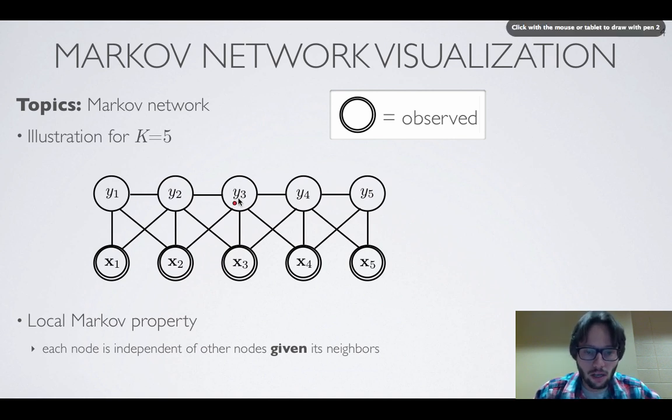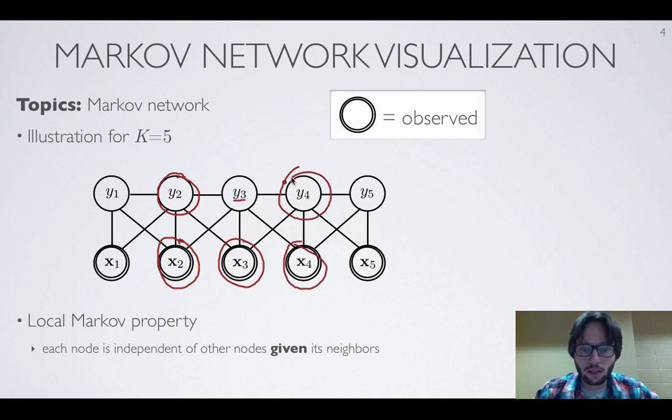So for instance, if I'm considering this random variable, its neighbors in this graph would be this one, this one, this one, this one, and this one. The local Markov property tells me that y3 is going to be independent of y1, x1, y5, and x5, given its Markov blanket, so its neighbors, y2, x2, x3, x4, and y4.